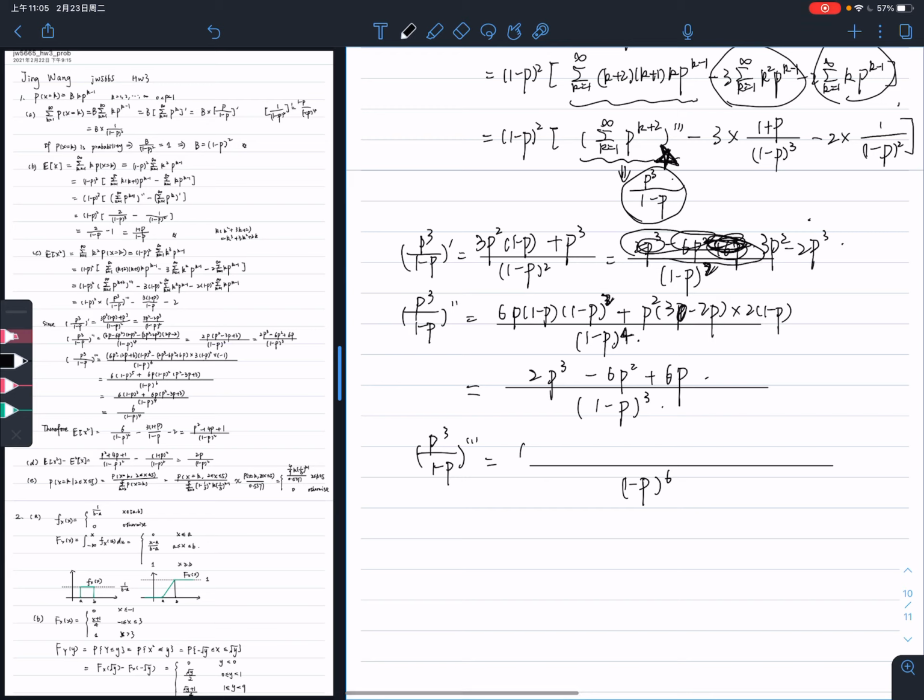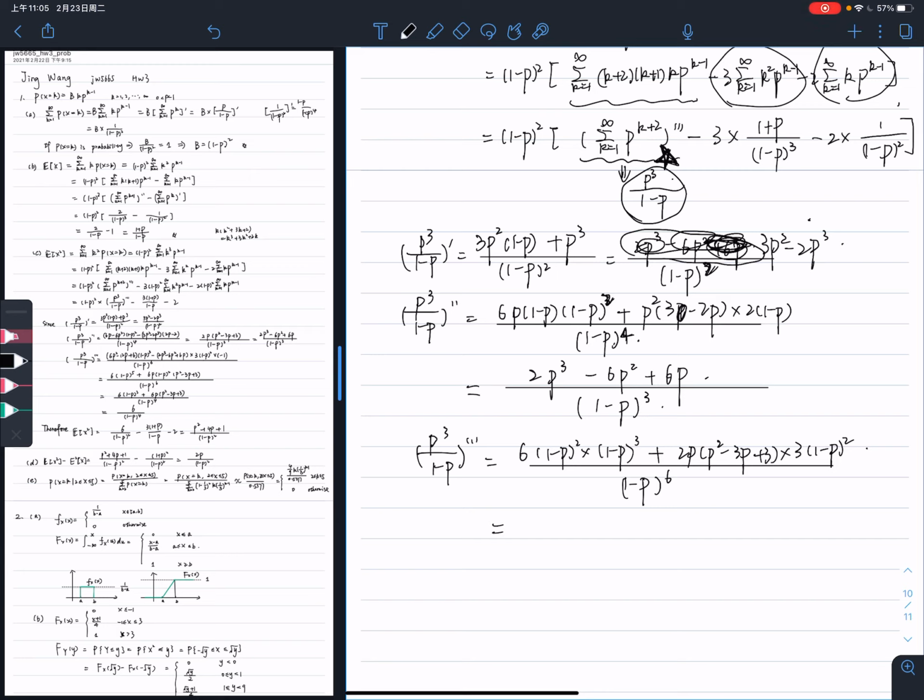So this is 6(1-p)^2 times (1-p)^3 times (1-p) plus (2p^2 - 3p + 3) times 3(1-p)^2.